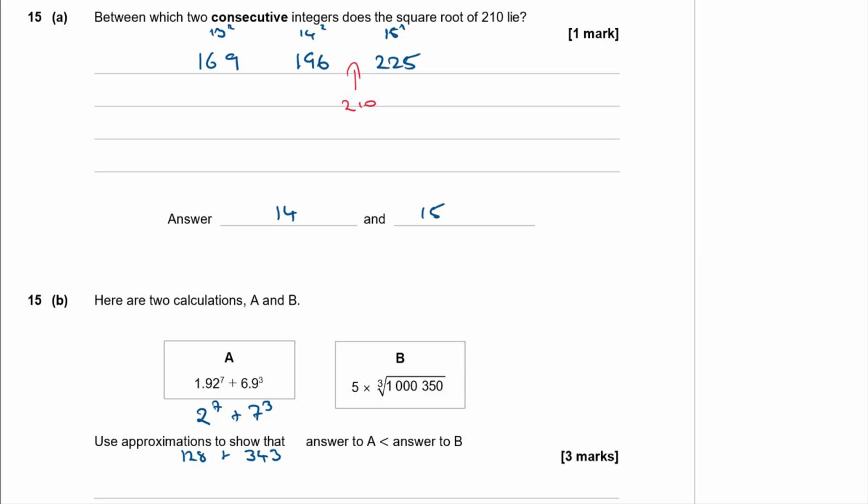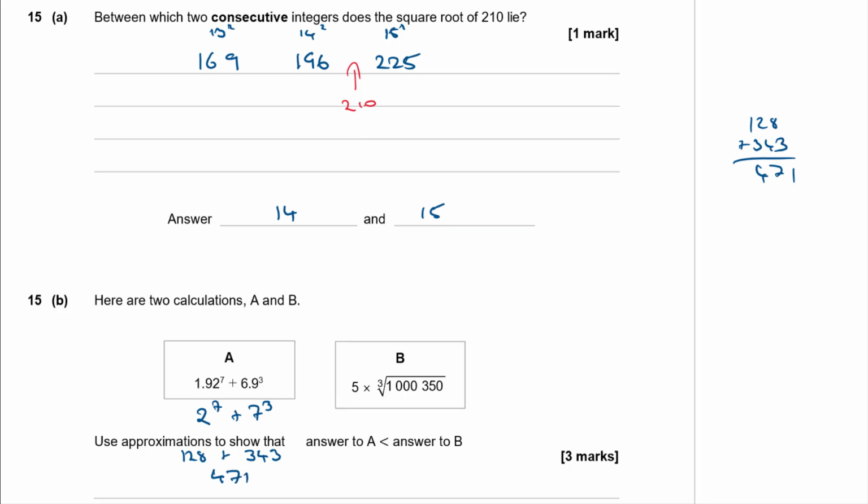If you didn't remember it, you're just going to have to work it out. So adding those together, 128 plus 343 is 471. So I've got 471.